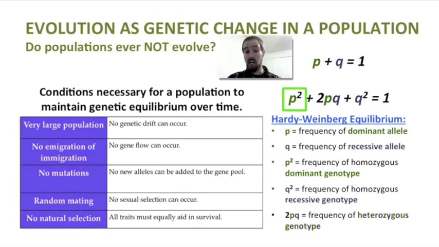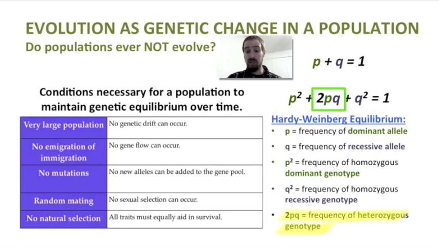P squared equals the frequency of the homozygous dominant genotype, or the proportion of individuals with 2 dominant alleles, in the next generation, given our original numbers for P and Q. Q squared equals the frequency of the homozygous recessive genotype, or the proportion of individuals with 2 recessive alleles in the next generation, based once again on our original numbers. And finally, 2PQ equals the frequency of the heterozygous genotype in the next generation.